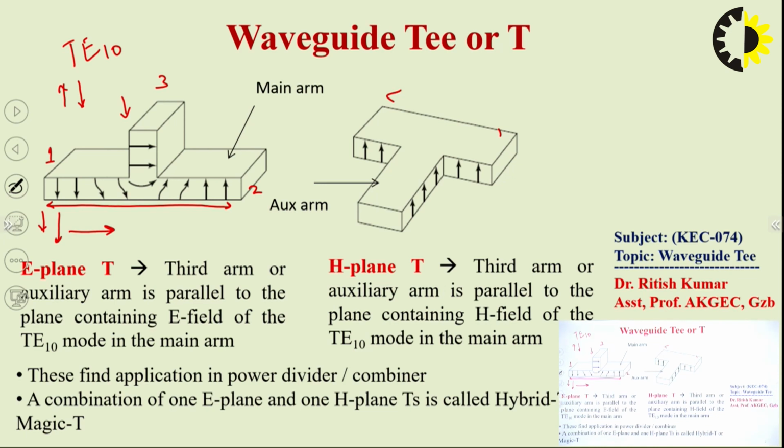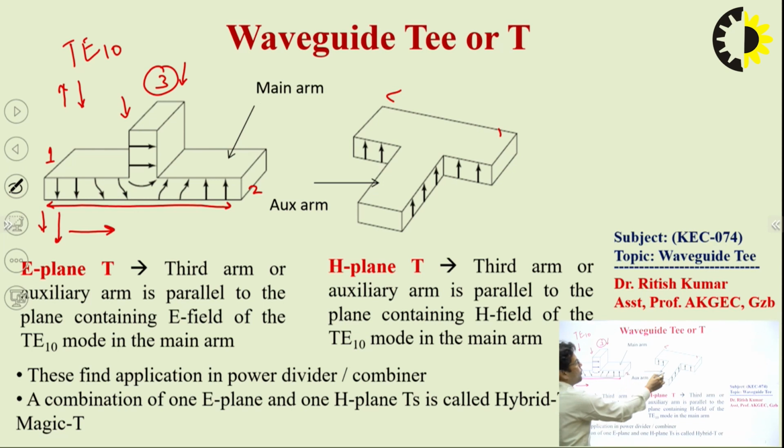Similarly, in the reverse way, if we deliver the power from port number 3, the power is split in two directions, to port number 1 and port number 2. So this device acts as a power combiner in the first case, and in the second case, if we deliver the power at port number 3, it is known as a power divider.